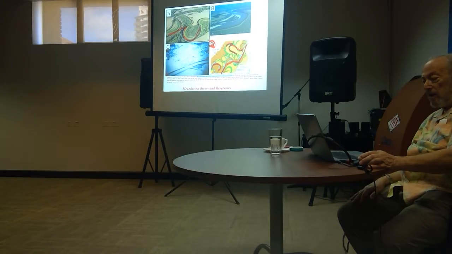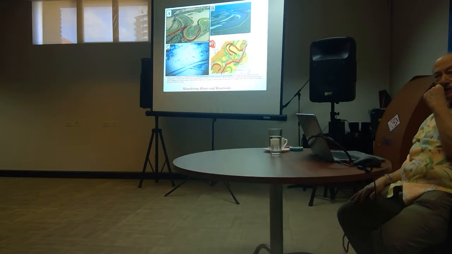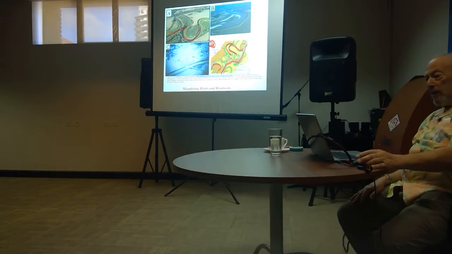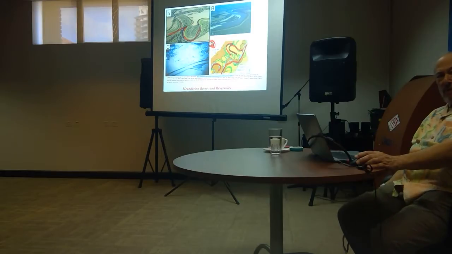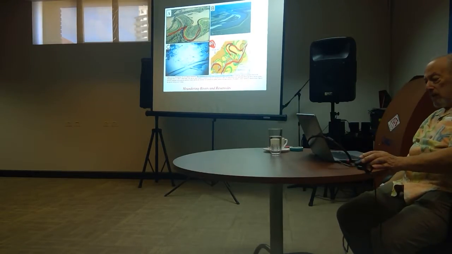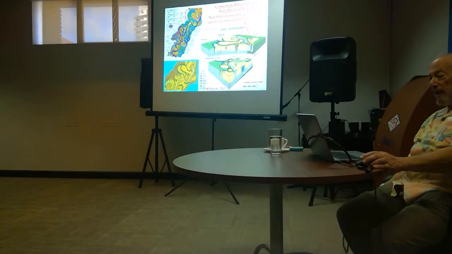There and there, and so on, due to channel migration. So it becomes very difficult to decide where to drill your well, because your sand bodies are going to be isolated from each other by these mud plugs. Now let me show you an example of that.